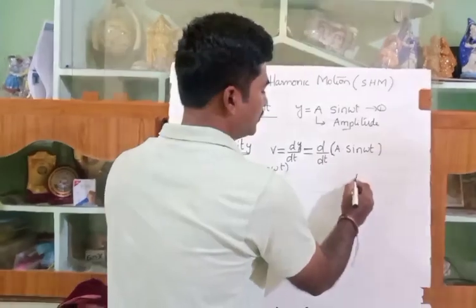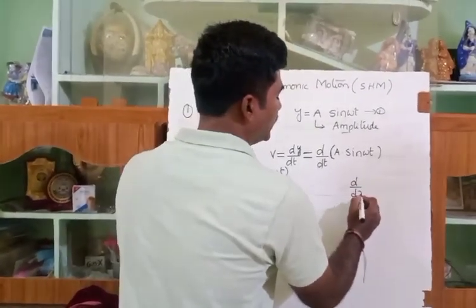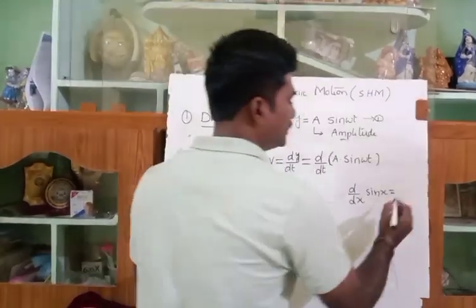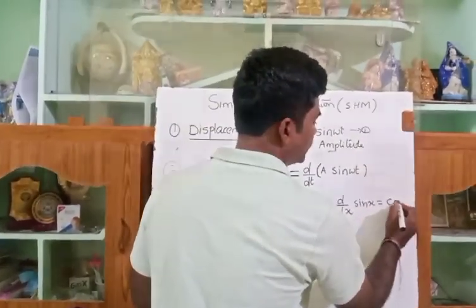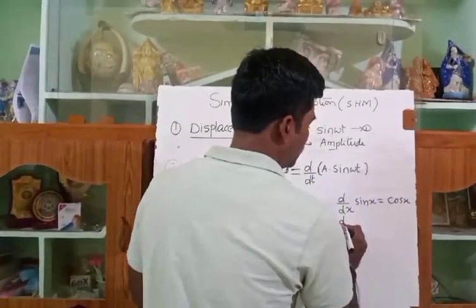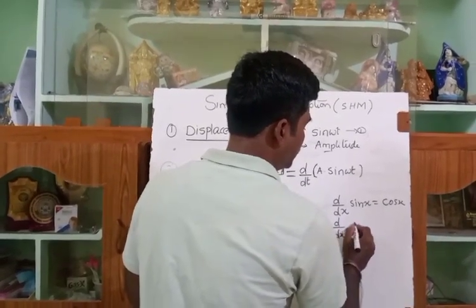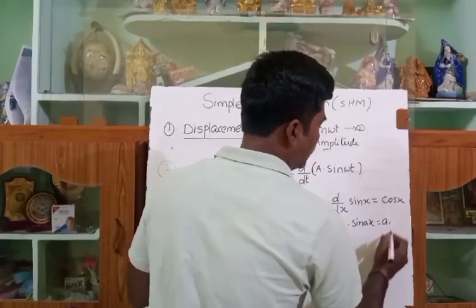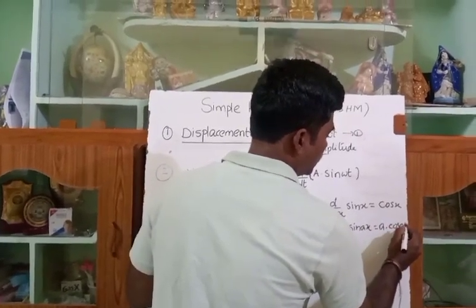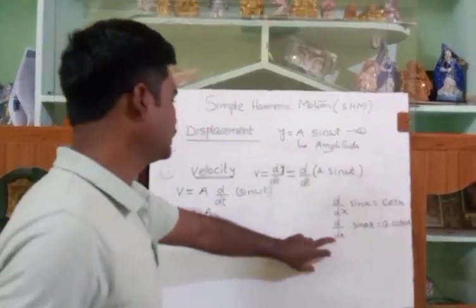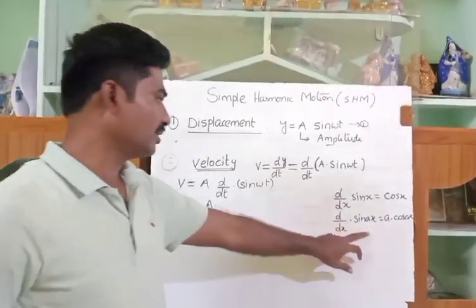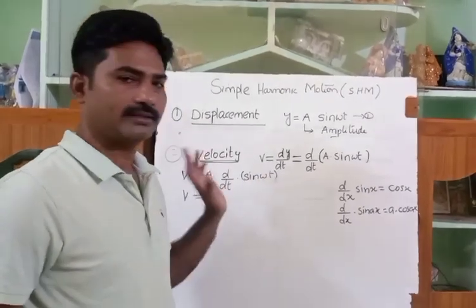As we know the formula, d by dx of sin ax is equal to a cos ax. So d by dt of sin omega t follows this formula.